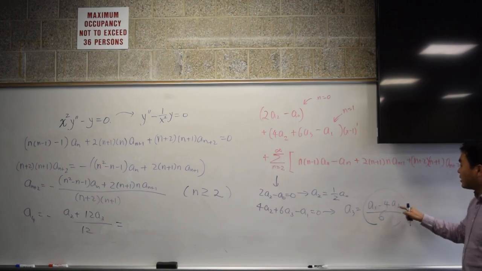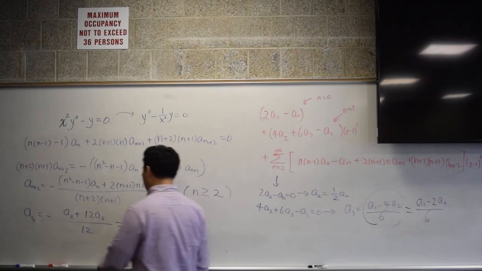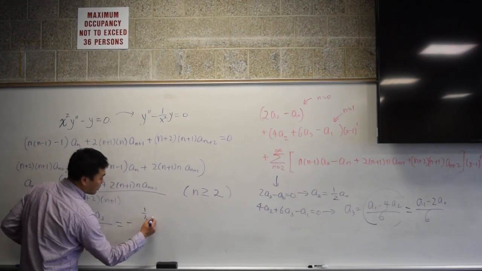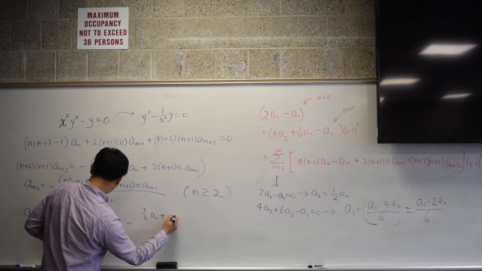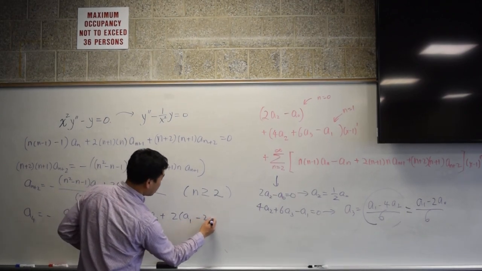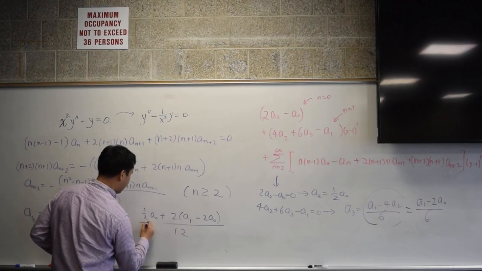See, a2 is 1 half a0, so it's a1 minus 2a0 over 6. That's what a3 is. And then if I plug those two here, I get minus 1 half a0 plus twice of a1 minus 2a0 over 12.